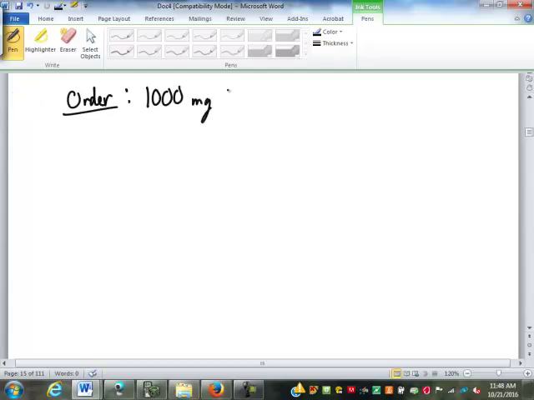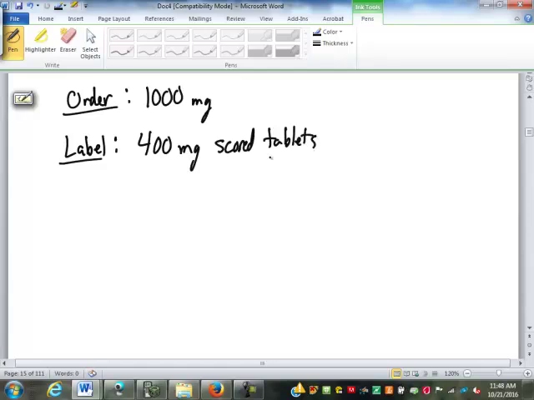So let's say we have an order for 1,000 milligrams of medication. Our label says 400 milligrams scored tablets.